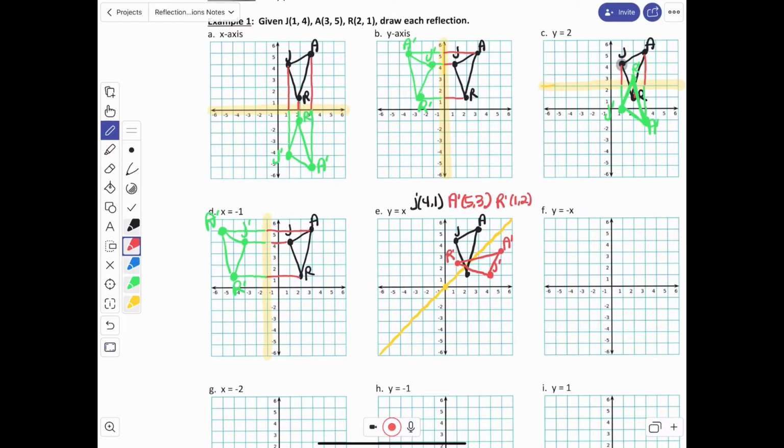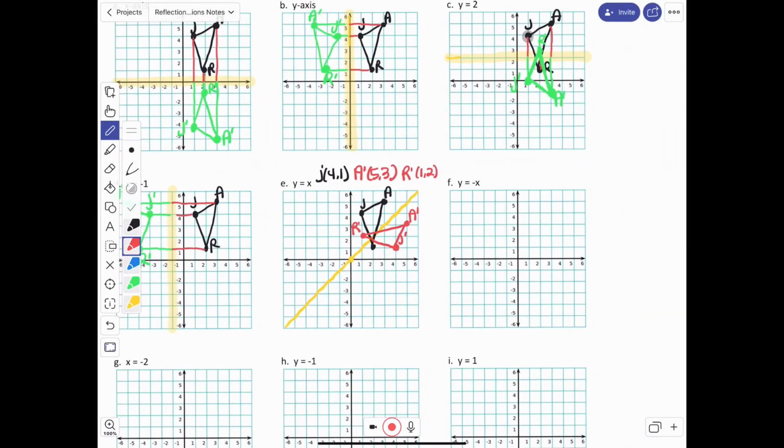Now, in this example, you flip-flop and you change the signs, because your line is actually going the opposite direction. You're still going through the origin, but your line is going this way instead. So what you want to do is flip your x and y and change signs.